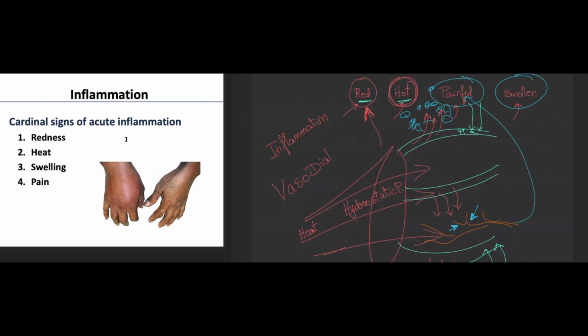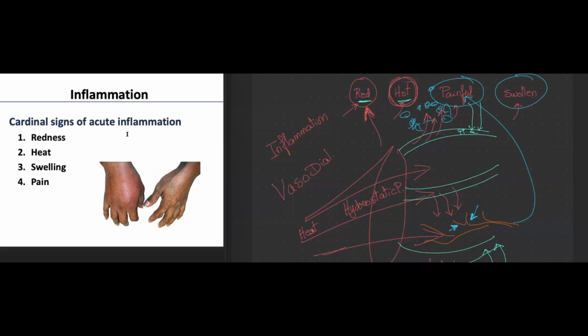So again, what we're looking at here are the 4 cardinal signs of inflammation. An inflamed site is going to be red, hot, tender, and swollen. Again, why is it red? Because simply you're bringing more blood in, higher hydrostatic pressure. It's going to be hot. You're bringing heat to the inflamed site.